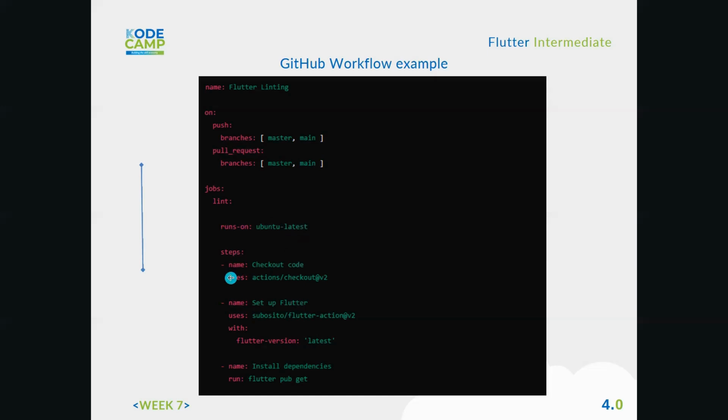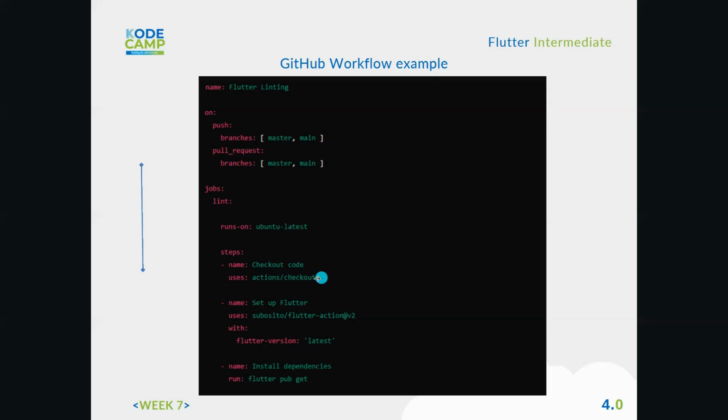Now comes the steps, which is just a series of steps that will be executed as part of the job. Look at the first step. You can see that each step has a name and then a uses. The name here is checkout code, so it just describes the step, a descriptive name also. The first thing we want to do is check out the code. What do we use to do that?